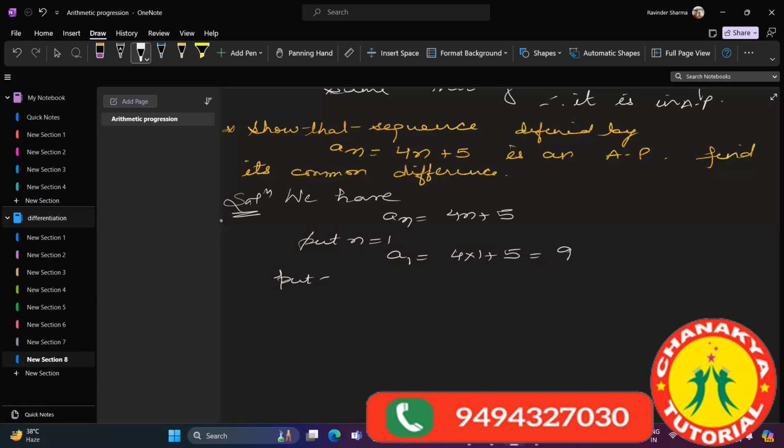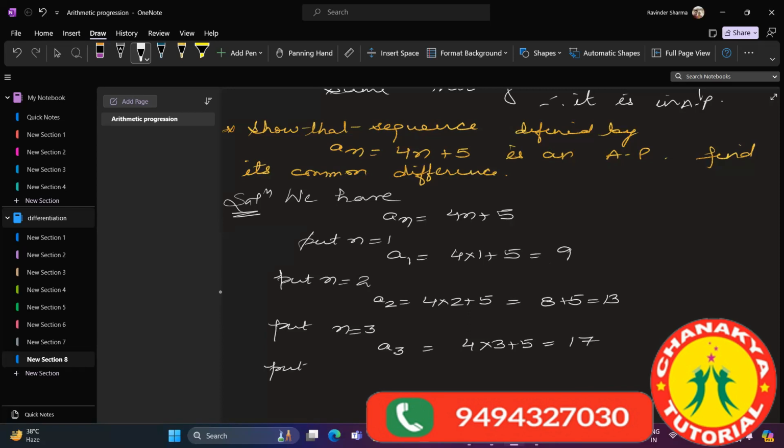Now put n is equal to 2. Second term will be 4 into 2 plus 5. So 4 twos are 8 plus 5 is equal to 13. Now put n is equal to 3. So third term will be 4 into 3 plus 5. So 4 threes are 12 plus 5, it will be 17.